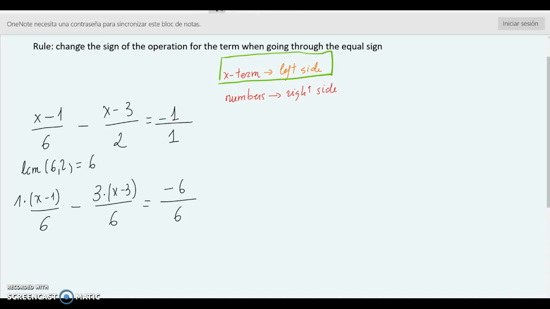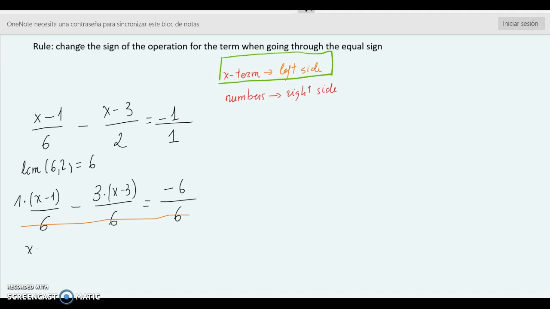When you get this, there is a wonderful property of equations. When you have all the denominators equal, you can cancel these denominators. When you cancel this, you only have to operate the numerators.